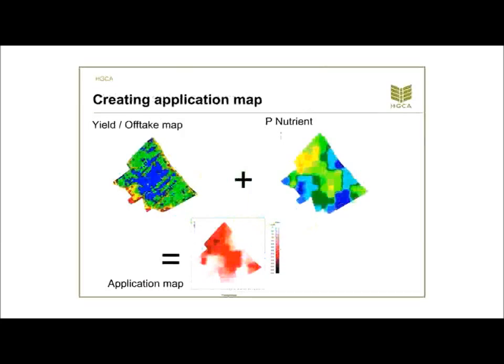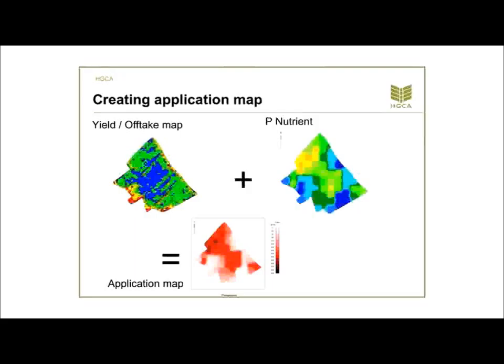So what we need to do is take that soil nutrient information, what the soil is actually going to provide to the crop. Plus, we could look at your yield maps and say, we not only know what the soil is going to provide to the crop, but we might be able to say variably across the field how much your crops are actually removing in P and K as well.